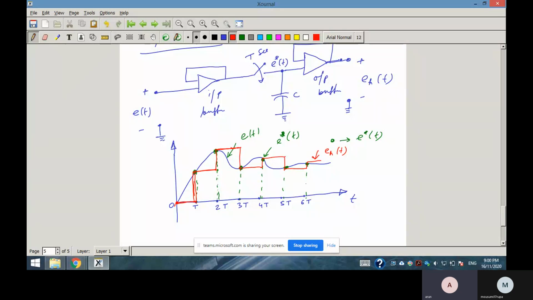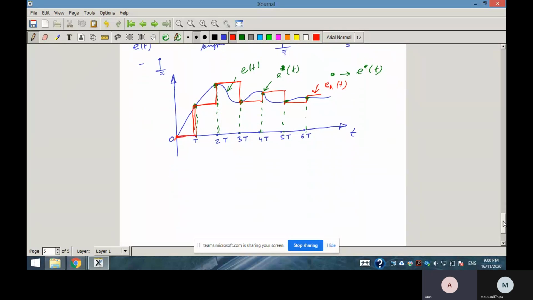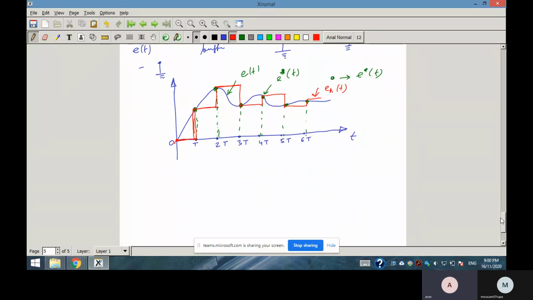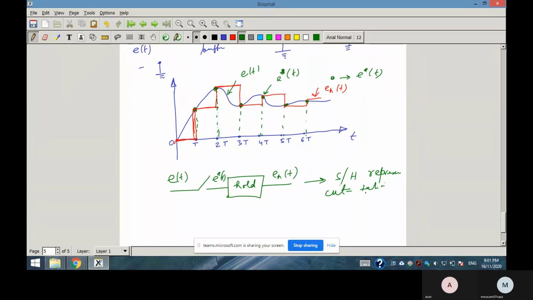So now that means the sampler and hold circuit is represented like this. This is your sampler and then hold. So this is your hold. This is your ET, this is your E star T, and this is your EHT. So this is the sample hold circuit representation.